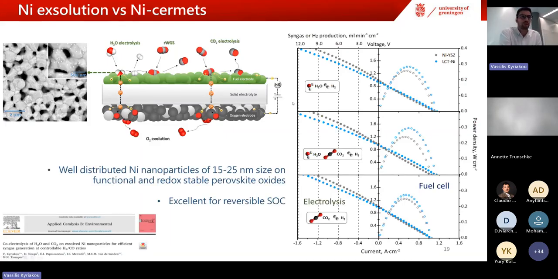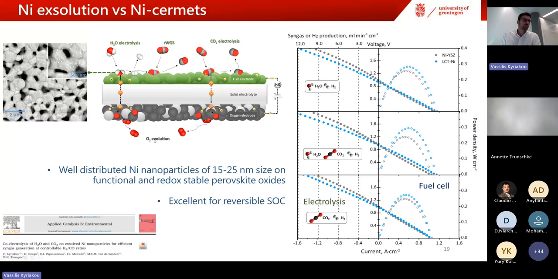For the people that are not familiar with reversible mode, practically you are co-supplying on the fuel electrode side hydrogen, water, and CO2, vapor and CO2, and air on the second side. If the polarity allows it, so if you are at positive currents, you have fuel cell operation.